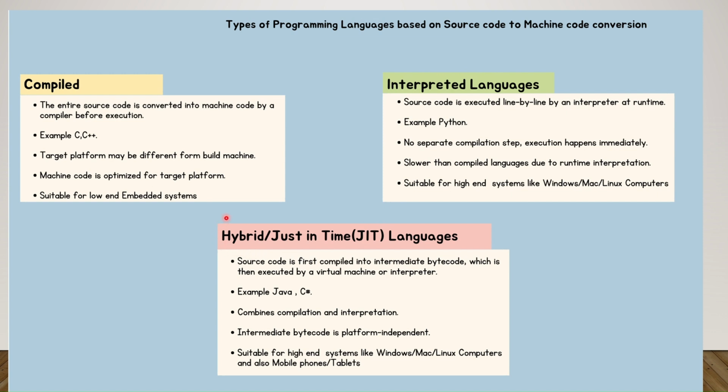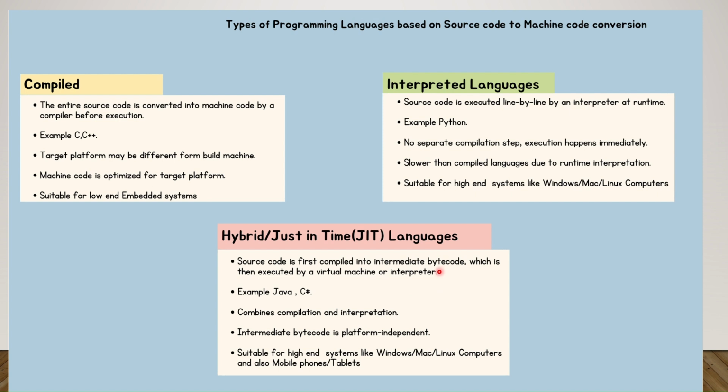The third one is just-in-time, JIT, languages. First your source code will be converted into bytecode, for example in Java, C#, and sometimes Python also. Your code is not converted into machine code, but into some intermediate form, bytecode. At runtime there is a virtual machine: in Java there is the JVM, and in Python it has its own interpreter.